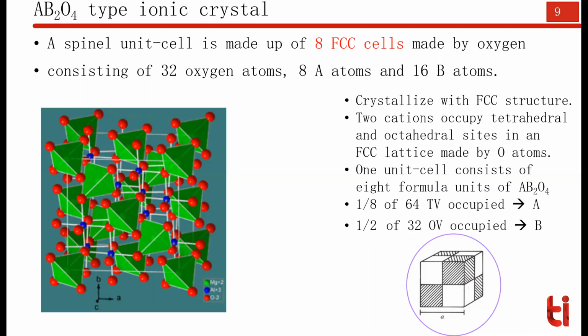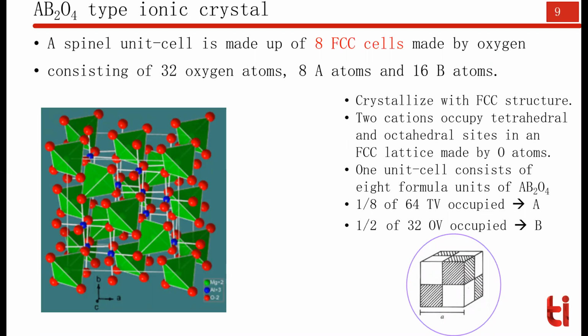So point is, your unit cell of spinel is made up of 8 subunits. They are all cubics, and the subunits are of 2 types. For the time being, let us call it type X and type Y. Type X is the plain one and type Y is the shaded one.